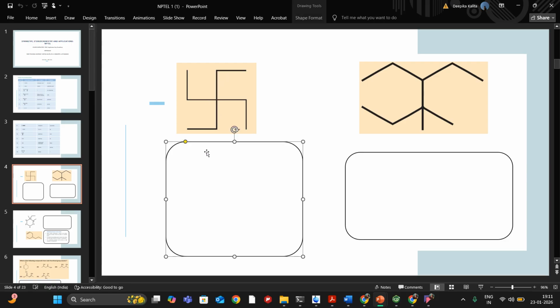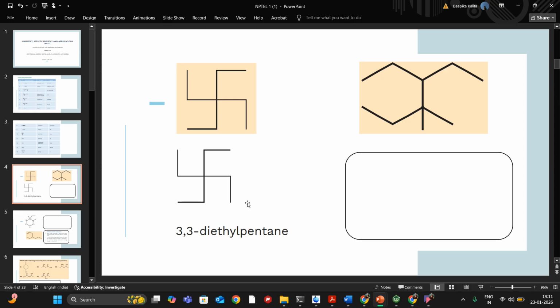Hence, if we have to name this compound, the name will be 3,3-diethylpentane. Since 2 substituents are present, the prefix di will come before naming the substituent. Hence, this compound will be called 3,3-diethylpentane. I hope that was clear, and this was an easy question.